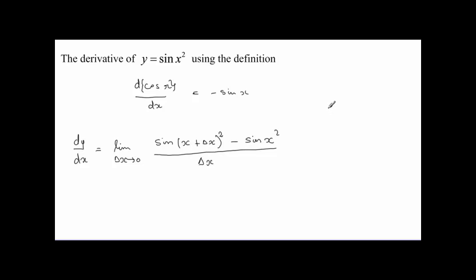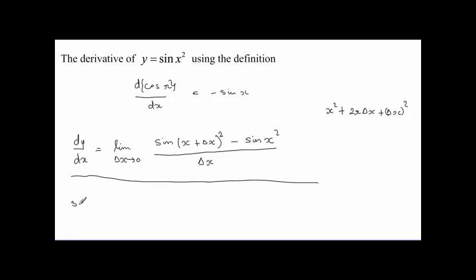So this expression is going to be x squared plus 2x delta x plus delta x all squared. For now, we're going to pause a bit here and try to work out this expression to its simplest form, then we'll bring it back to this problem.